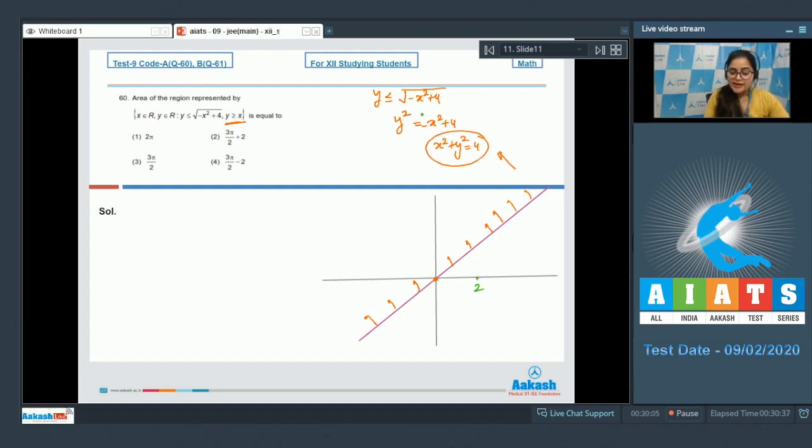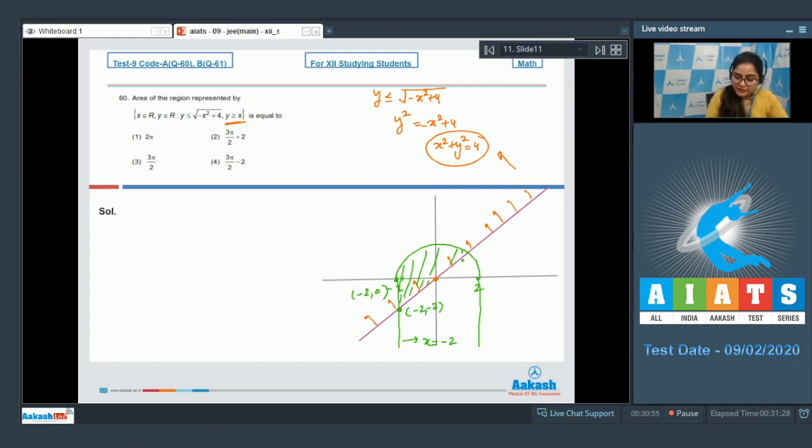And now y is less than or equal to root over minus x square plus 4, so it is a half circle, and y is less than, so this is going to be this. So the required area of the given equation is this. This is minus 2 comma 0, and this line is y equal to x, and this line is your x equal to minus 2. So this point is minus 2 comma minus 2.